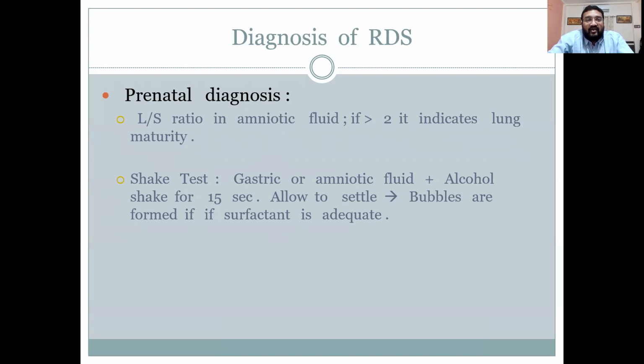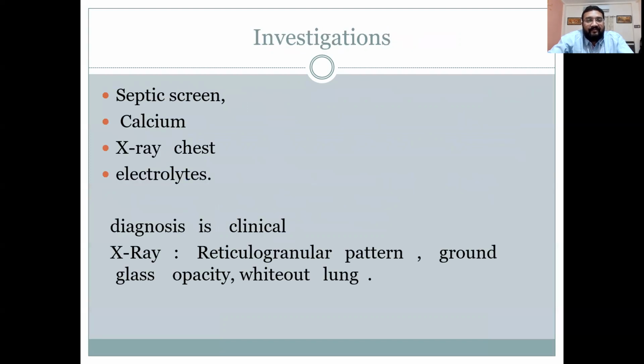Various other tests are also available for making the diagnosis of RDS antenatally, but we will not discuss those topics at present.